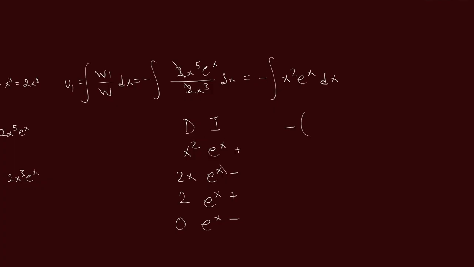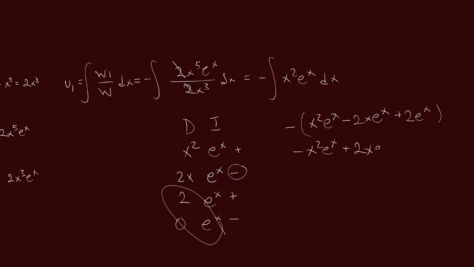Then we include this part, x squared times e to the x, then this part with the negative here, and then finally the last part. Then we FOIL in the negative. So that's your u1.